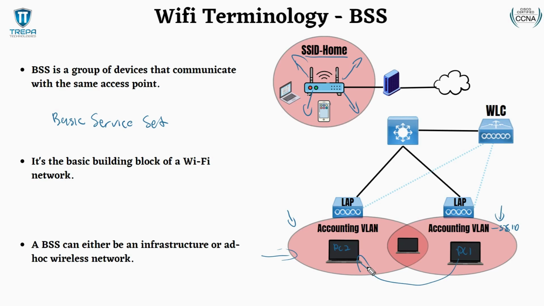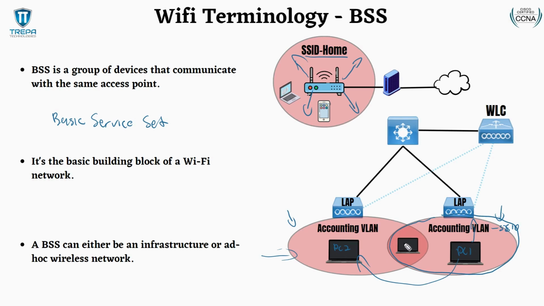Same network? Yes. Same access to resources? Yes. But are they in the same basic service set? No. That only describes the RF or this Wi-Fi signal in range connecting to one access point.